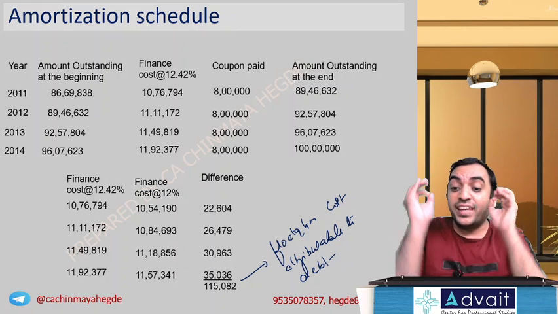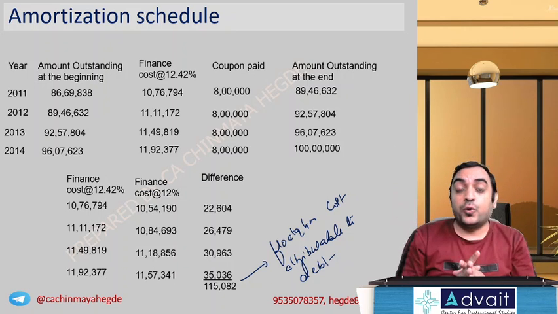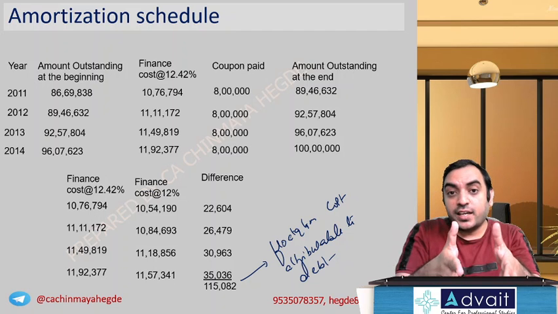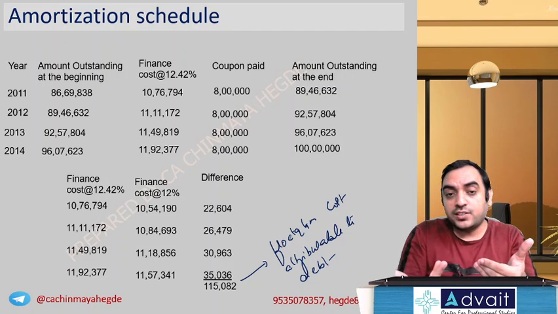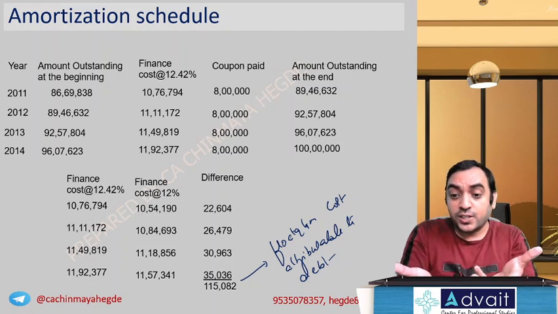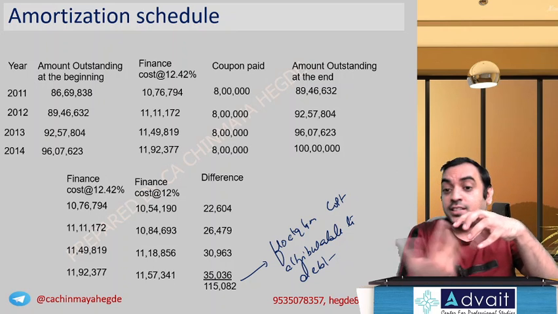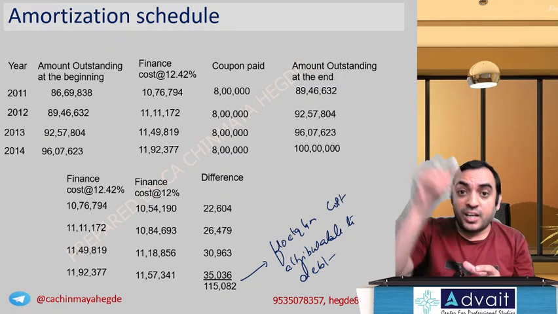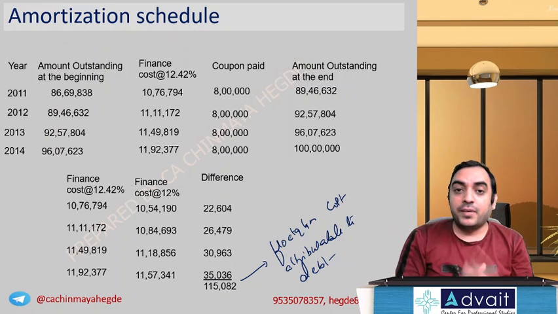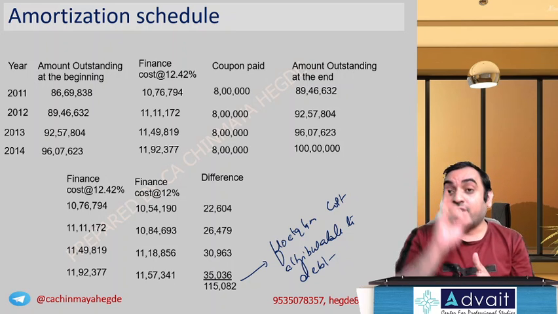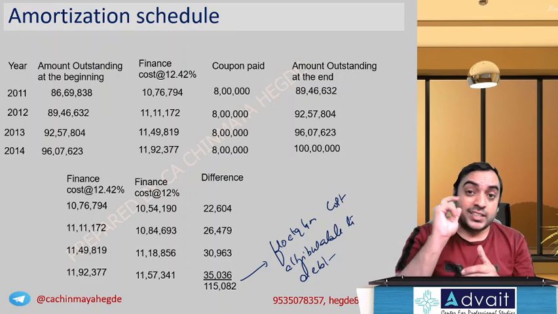Anything attributable to equity directly will come in equity, be it issue of shares, any transaction charges, transaction expenses, flotation expense, or even in a compound financial instrument, the equity component attributable transaction cost will not come in P&L, it will be transferred to equity directly, go to reserves and surplus, other equity in the balance sheet.